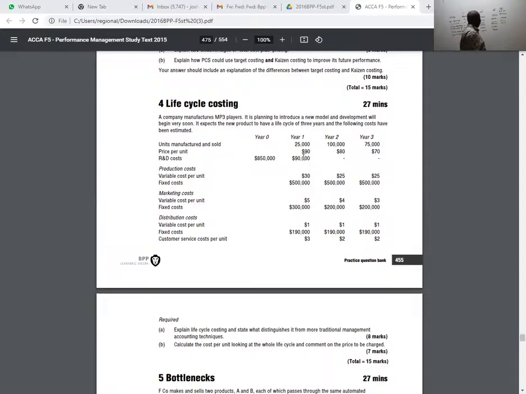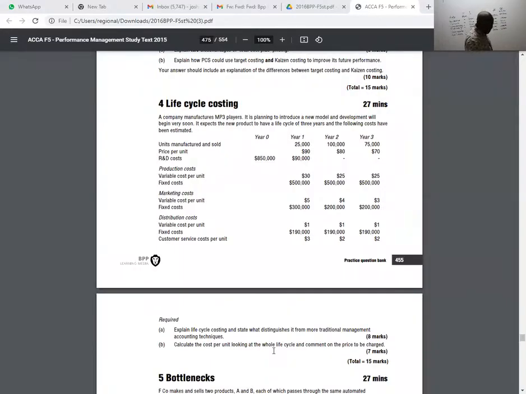Please give me the total variable distribution cost first. It is 200,000. From there, the fixed distribution is 190 times 3, which is 570,000.